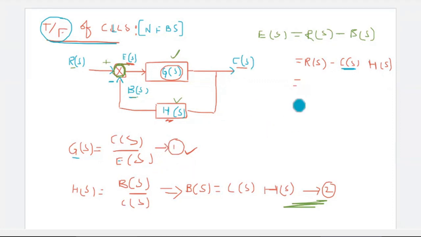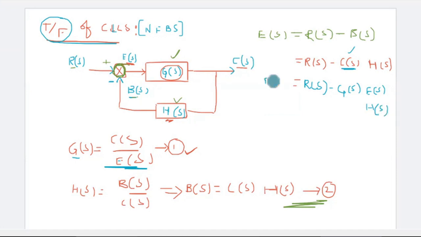From equation number 1, we are getting C of S is equal to G of S into E of S. That value you are going to substitute in place of C of S. So we are getting R of S minus G of S into E of S into H of S. Very simple derivation.